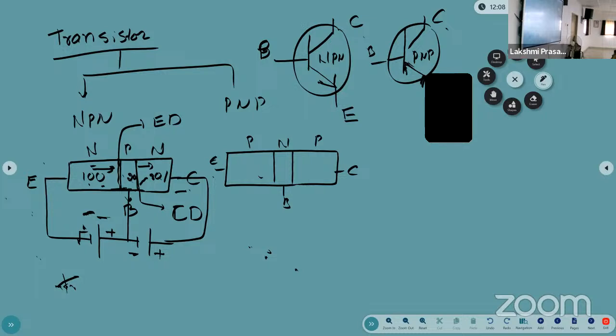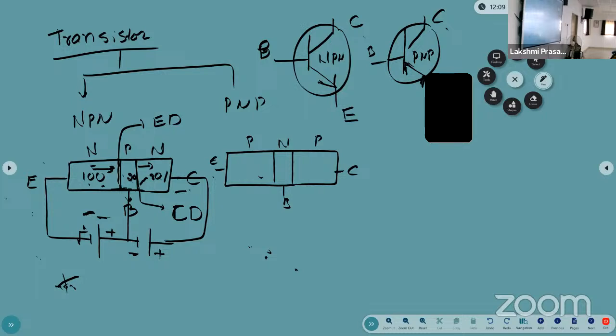Based on the common terminal, the transistor can be connected in 3 ways. If base is the common terminal, then that is called common base configuration. If the emitter is common, then that configuration is called common emitter configuration. If the collector is common, it is called common collector configuration. Okay. Common base, common emitter, common collector.